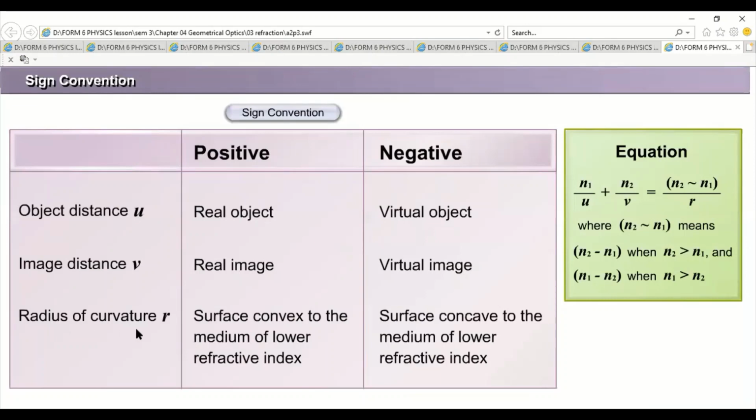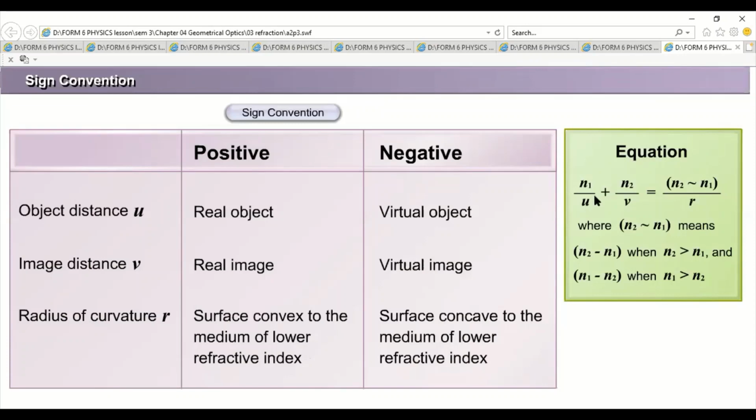And R, the radius of curvature, is positive for a surface convex to the medium of lower refractive index. R will be negative for a surface concave to the medium of lower refractive index.